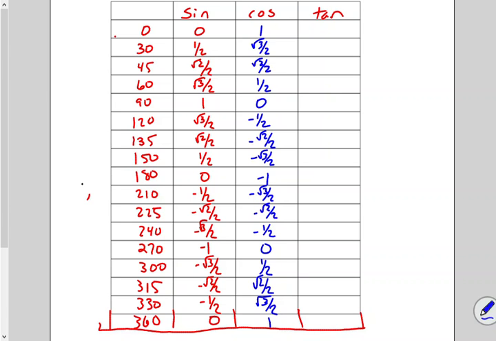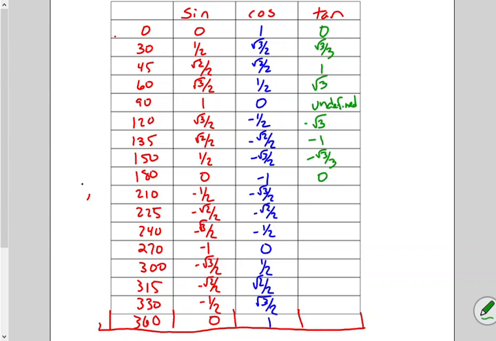Tangent follows a very particular one, right? It goes 0, root 3 over 3, 1, root 3, undefined, and then it goes back to root 3, but it's negative, and then we have negative 1, negative root 3 over 3, and then we have 0.